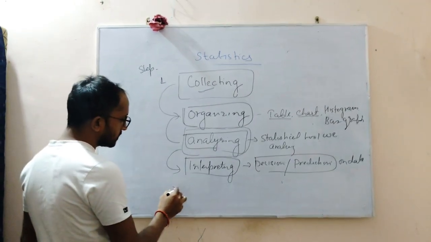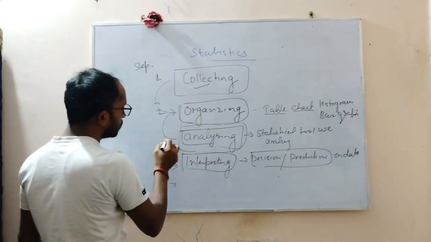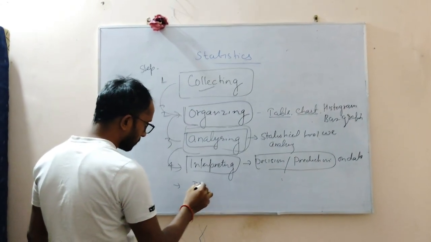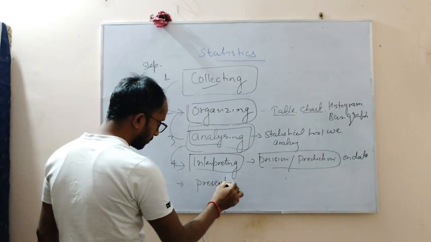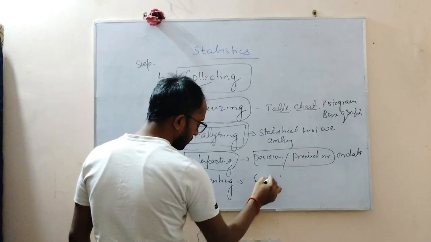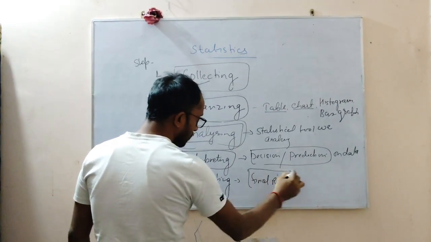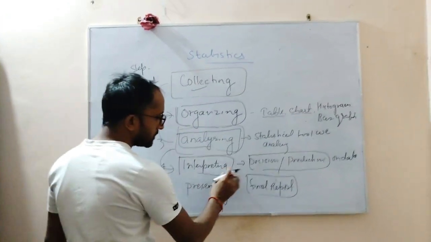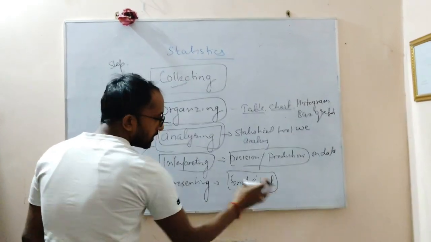And the fifth one is presenting: 1, 2, 3, 4, 5. It is the final report, an insightful report. Interpreting means decision, prediction. Presenting means it is the final report.